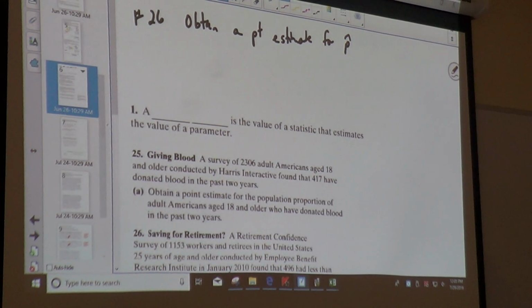Y'all, a point estimate for p-hat means you're doing the same thing. Same thing, x over n. A point estimate for p-hat.